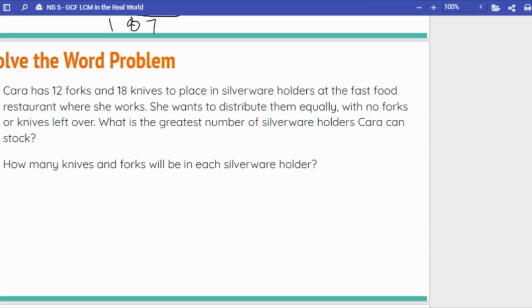Okay, let's check your work. So hopefully the first thing you did is you found that most important word right there, that greatest number of something. So greatest common factor. We have 12 and we have 18. I create my ladder. What goes into 12 and into 18?